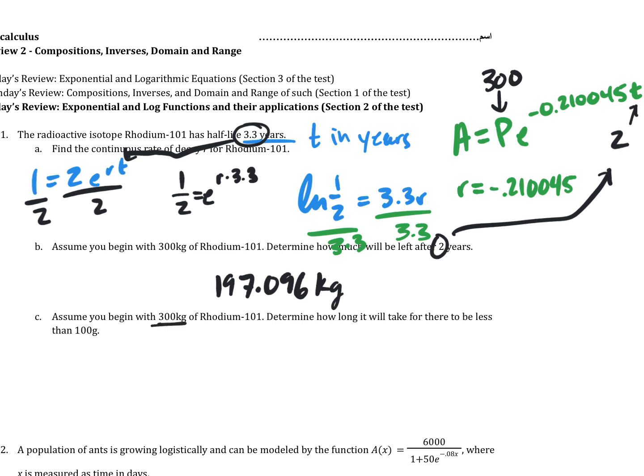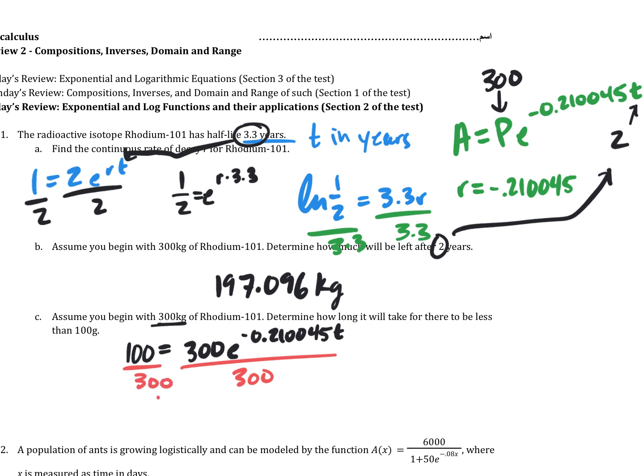Okay, we're starting with that same amount. We're going to keep the same equation, so it's 300 e to the negative 0.210045 t, and then we're saying equals 100, because the 100 is the cutoff value there. So we just have to solve that equation now. We divide both sides by 300.